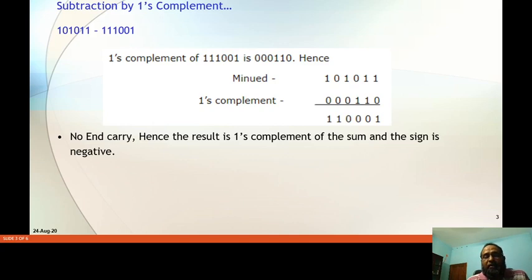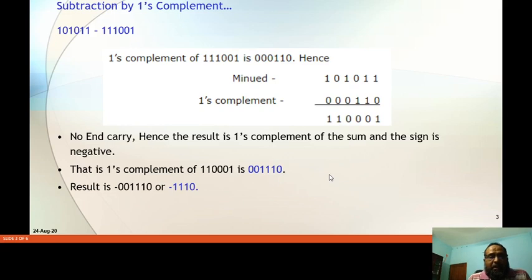So in this case, you have to find the ones complement of that sum. Here the ones complement is 001110, and into the result you have to put a negative sign, that is, the answer is minus 1110. Minus 1110 is the answer.